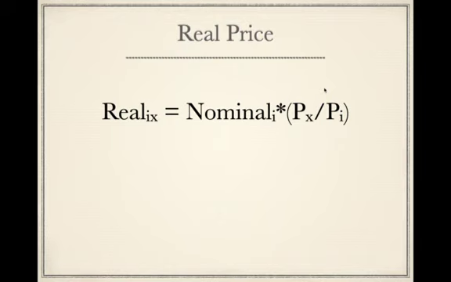If we then want to compare that with the price of a Chevrolet in 1970, we would take the price of that Chevrolet in 1970, that would be our nominal sub I, times the price level in 2020, divided by the price level in 1970. And we would do these to make a fair comparison.